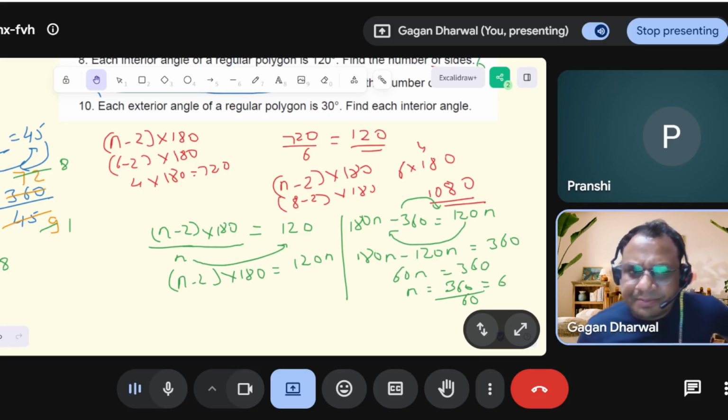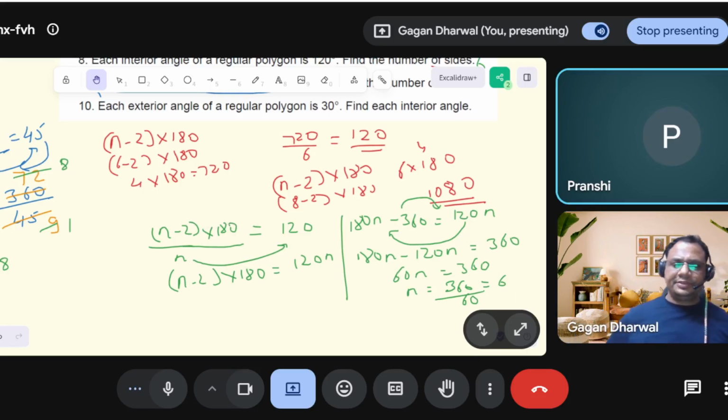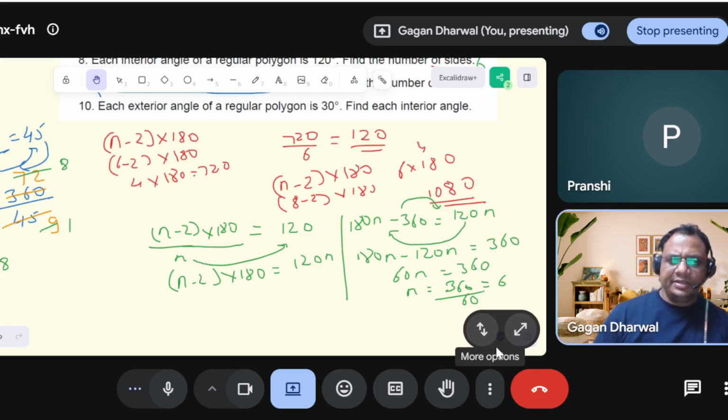All good with the concept, right? So far, yeah, I'm kind of getting it. Simple. A polygon is any closed figure made up of straight lines, and a regular polygon means all the angles and the sides are the same, right? And we also worked on finding the missing angles.